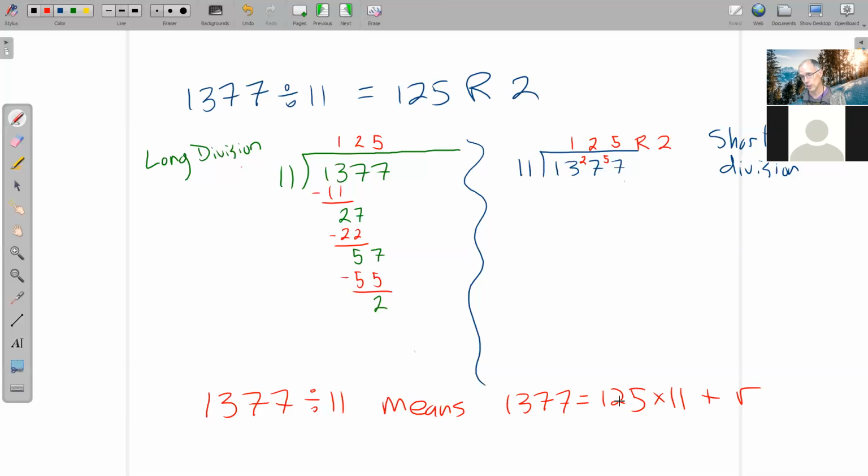And so we can certainly do that multiplication and subtract to get R. So R is going to have to be 1,377 minus 125 times 11. Correct. And we run through that on our calculator and we say, oh, okay, R is 2.